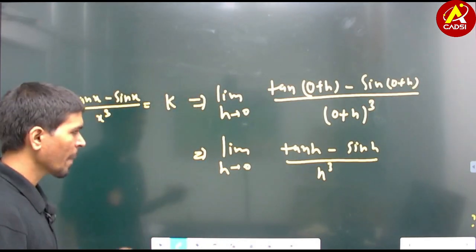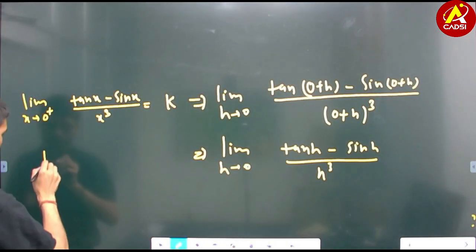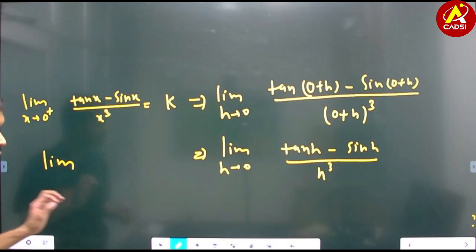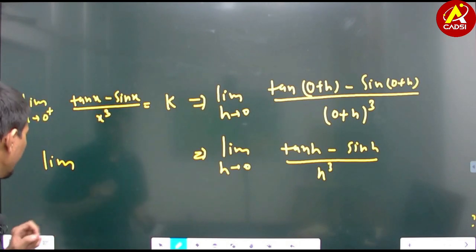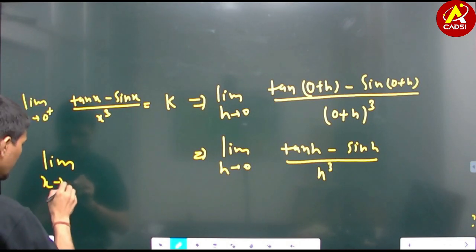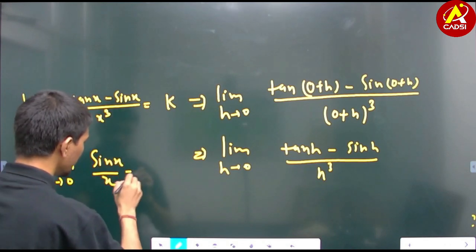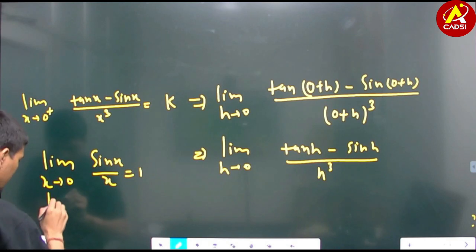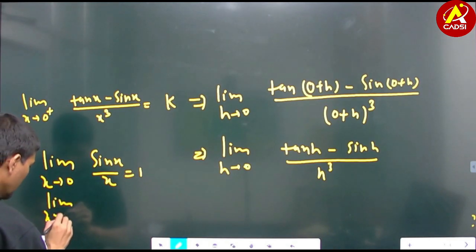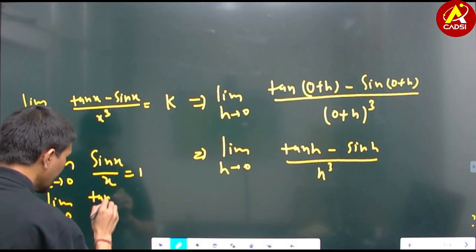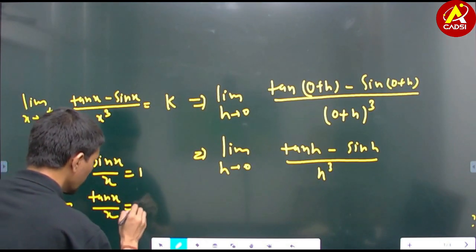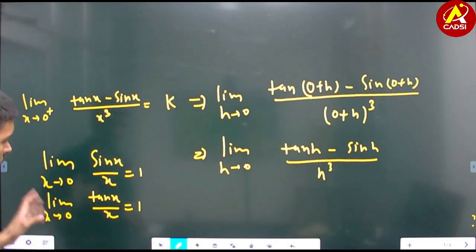Now you should remember some results: limit x tending to 0 of sin x upon x is equal to 1, and limit x tending to 0 of tan x upon x is equal to 1.